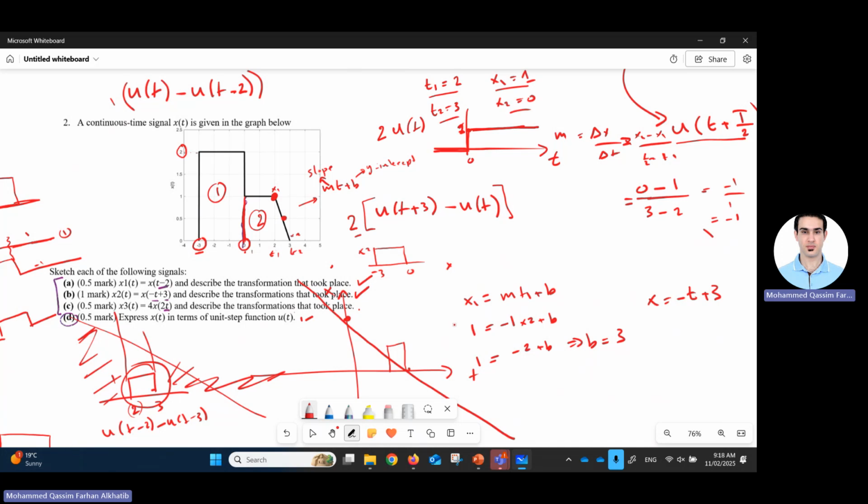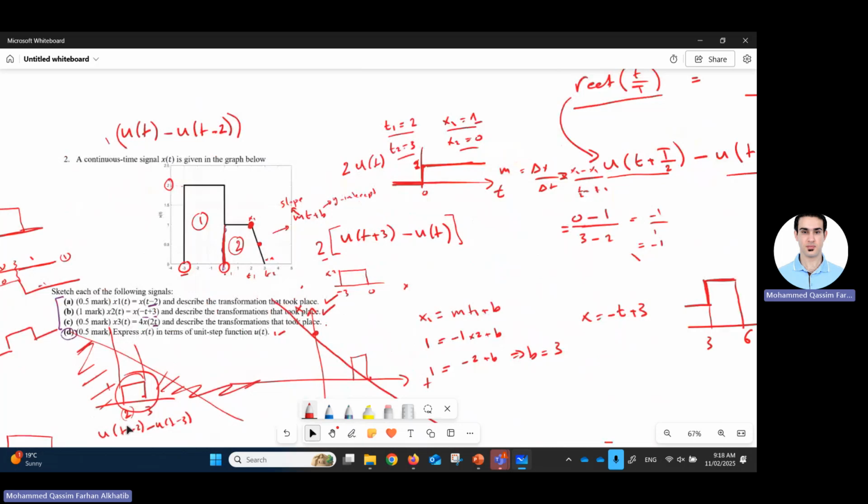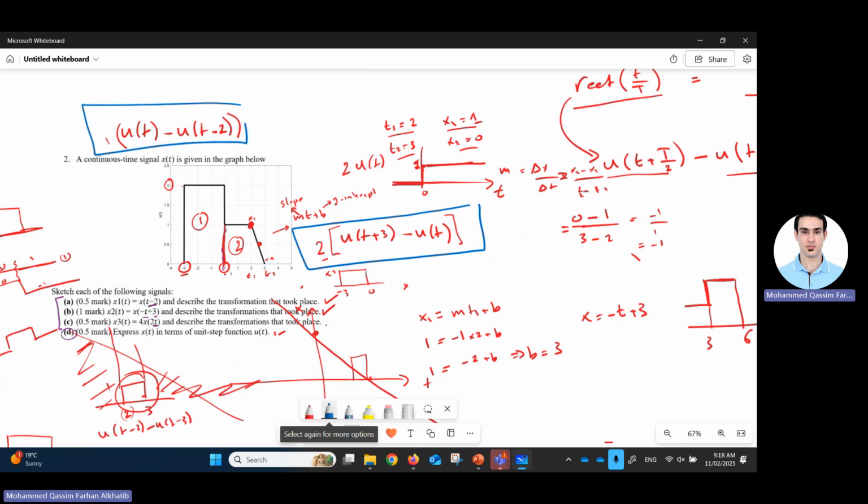So let's add all rectangles together. The first rectangle, that's the first rectangle. That's the second rectangle from 1 to 2.